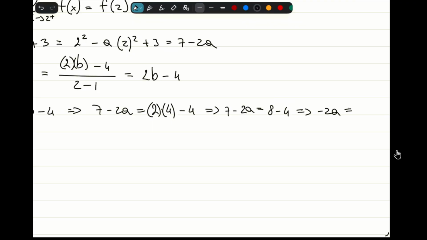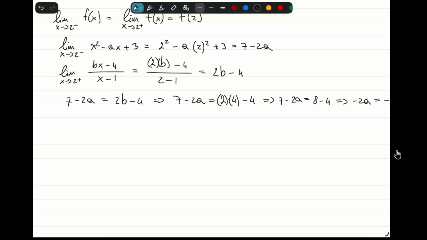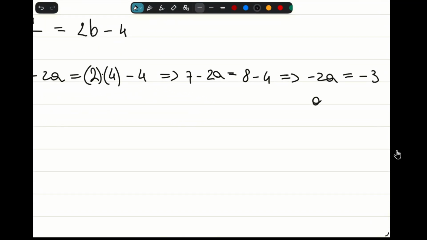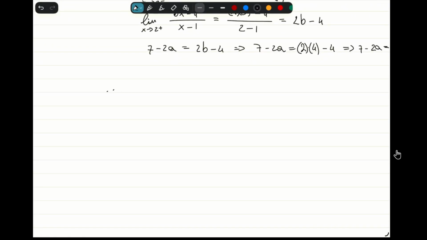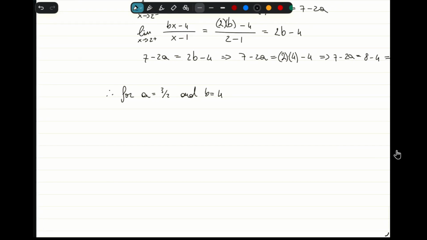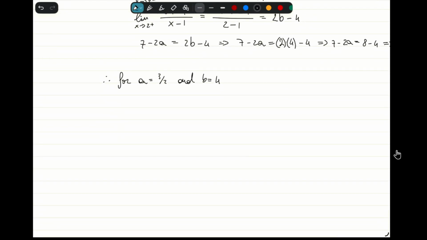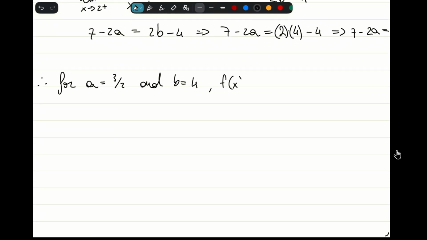This will be negative 2a equals negative 3. And this means that we'll have a equals 3 over 2. So we can conclude for a equals 3 over 2 and b equals 4, f of x is continuous for every x.